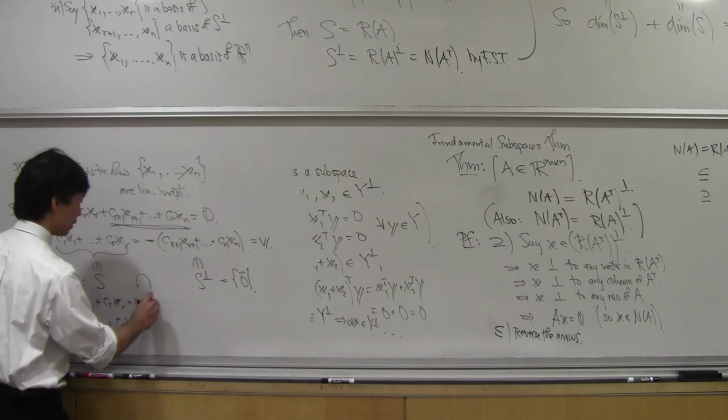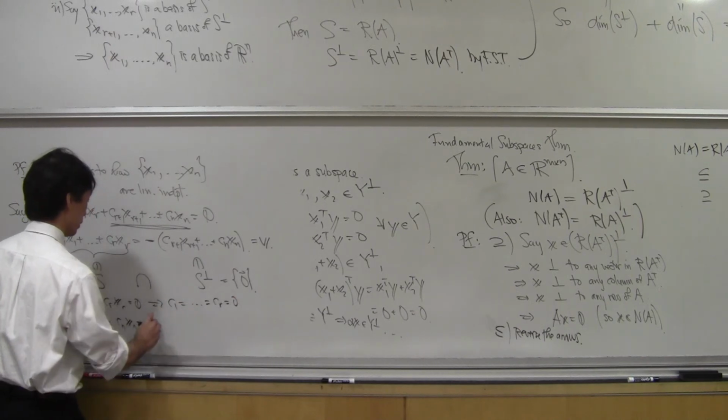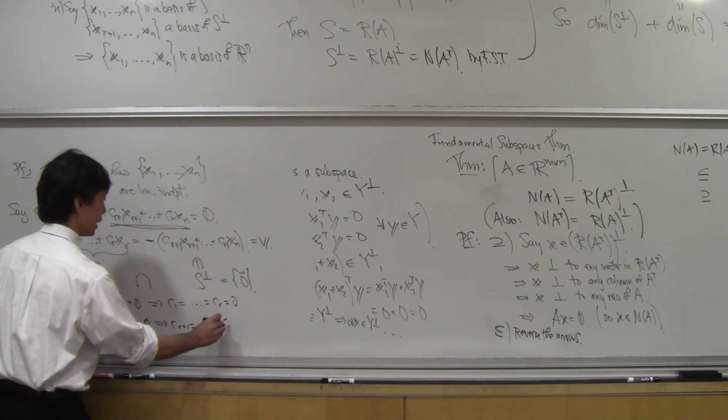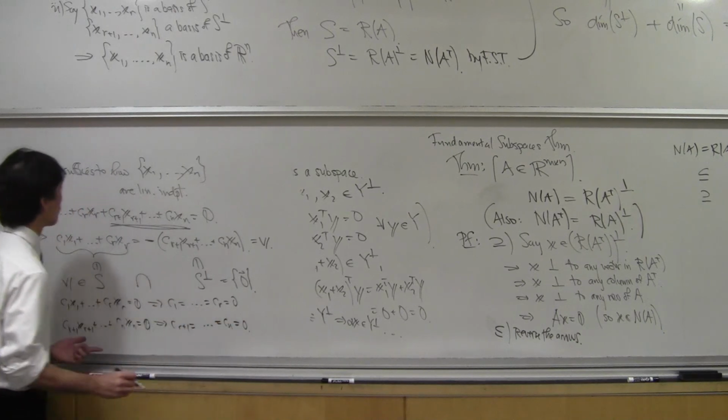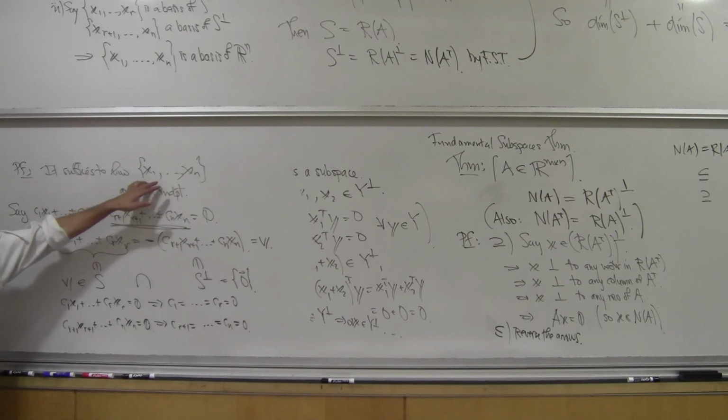So c1 through cr are all 0. Similarly, c(r+1) through cn are all 0 also. And so the union of these two sets is still a basis. We showed that these are linearly independent, and so they form a basis.